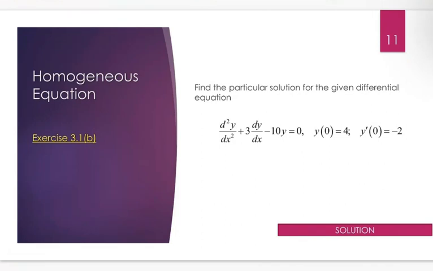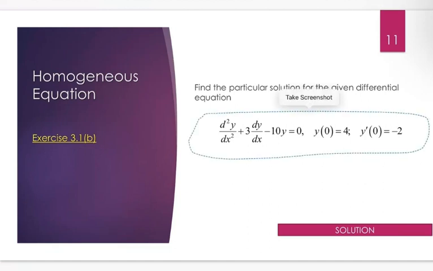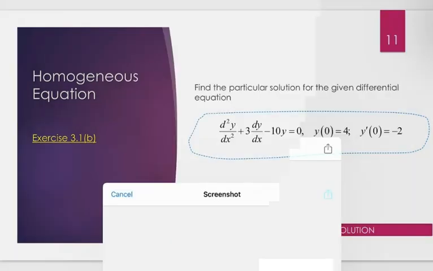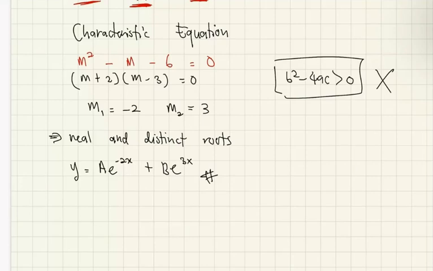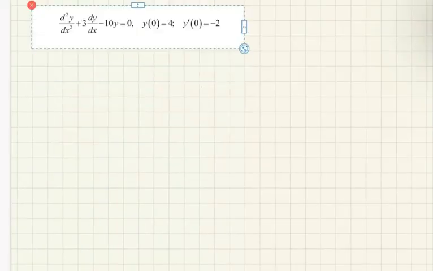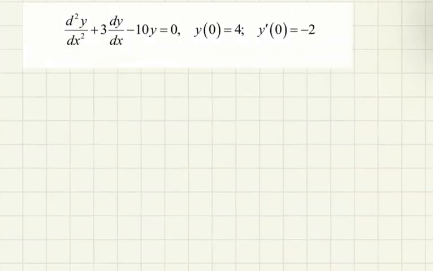Alright, let's see the second example. So this is the second example. We have an IVP, initial value problem.